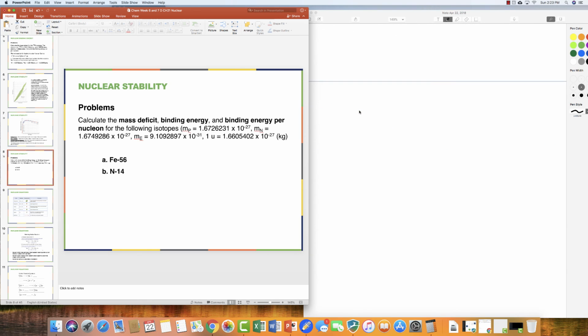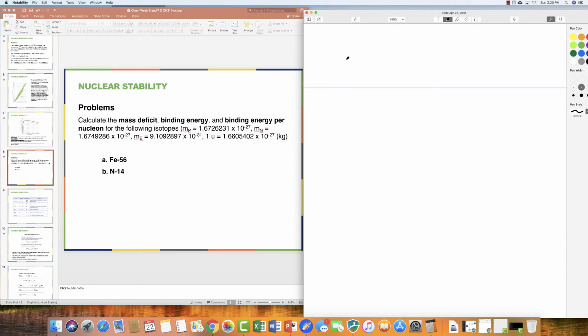Iron 56 has an atomic number of 26, I believe. That's what I'm going to assume. 56 is the total.